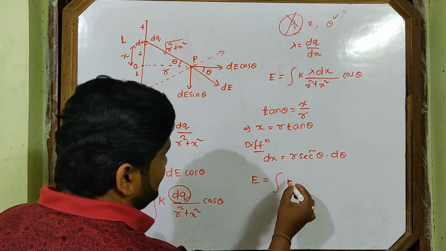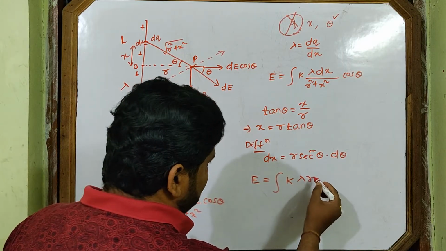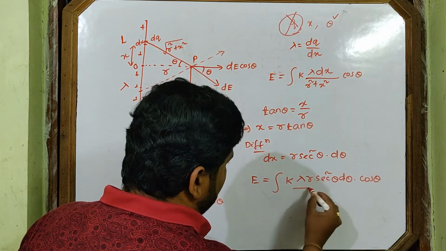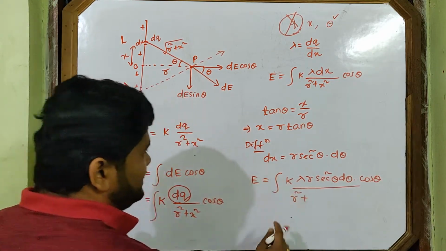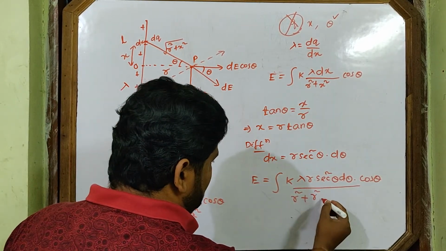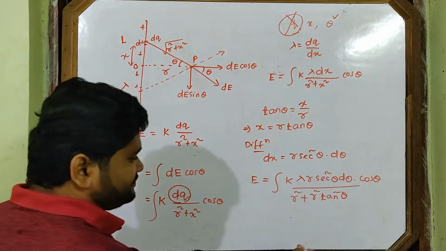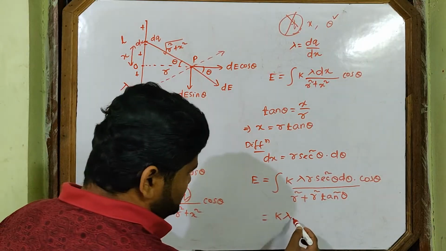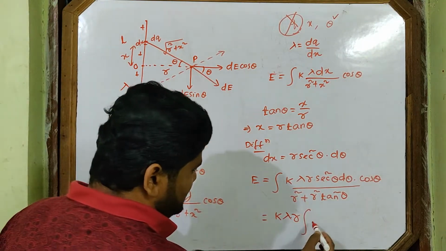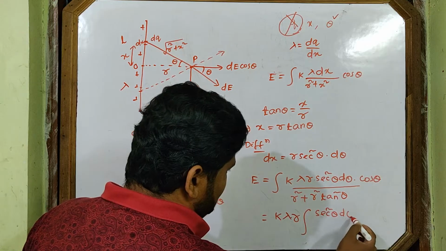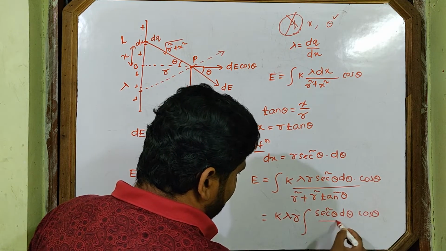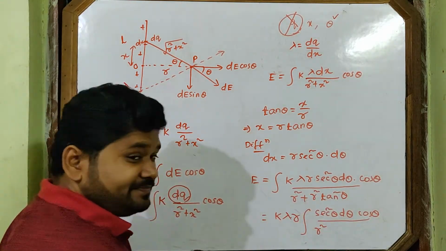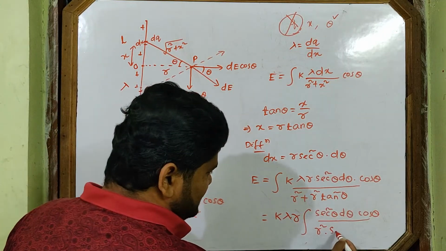So E is the integration of k lambda, in place of dx, r sec square theta d theta, into cos theta, divided by r square, in place of x, r square tan square theta. So k, lambda and r are constants taken outside, within the integration sec square theta d theta cos theta, divided by, if we take r square common from here, what do we get in the bracket? 1 plus tan square theta is what?